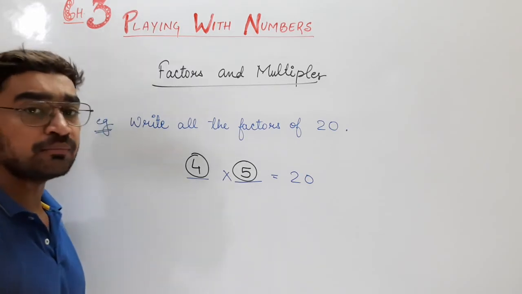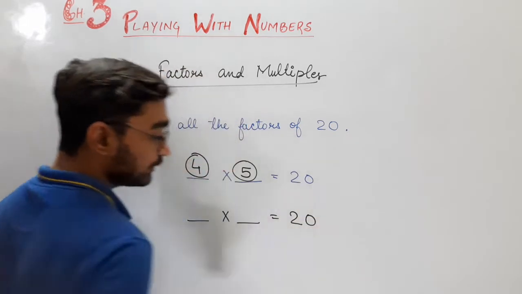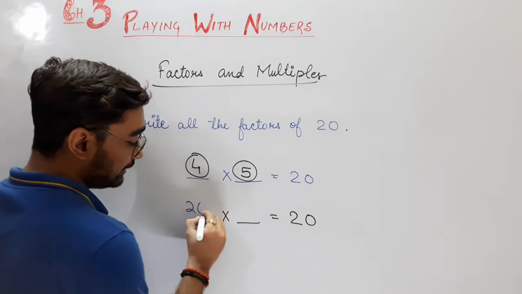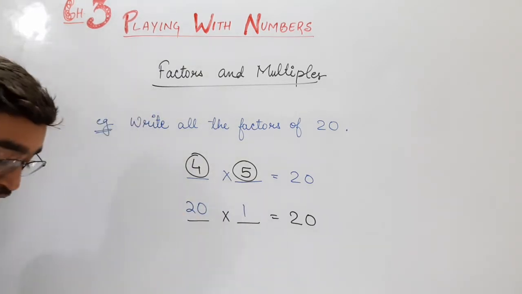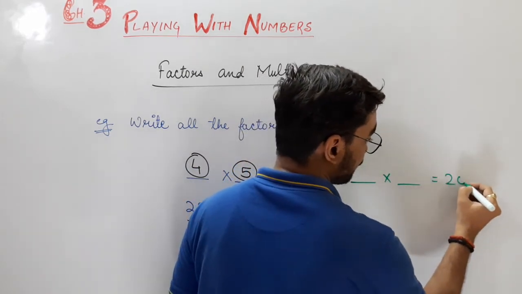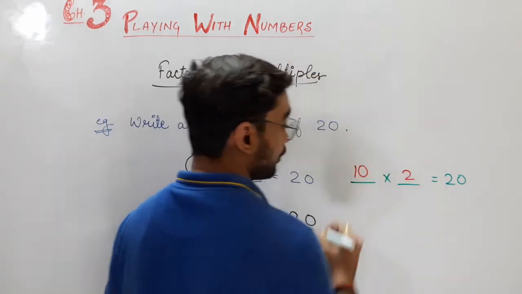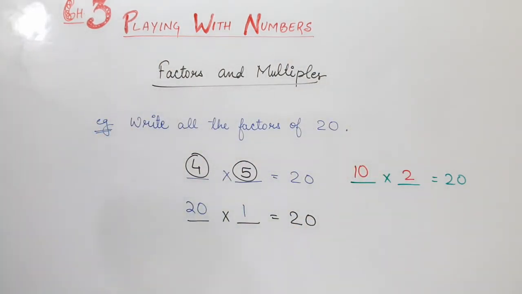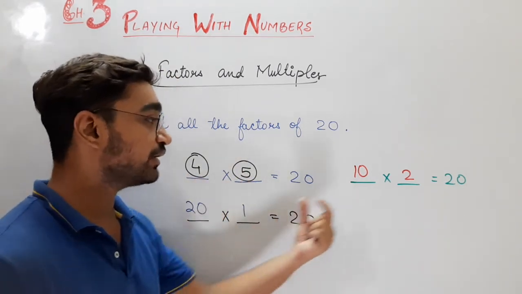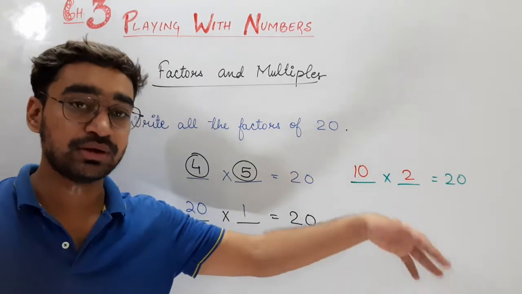Are these the only numbers? Do I have any other possibility to get 20? Yes. What if I write 20 into 1? What about the next possibility, 10 into 2? Yes, they all are right, because after multiplying these two numbers, 4 and 5, 20 and 1, 10 and 2, you are getting 20 as the answer.